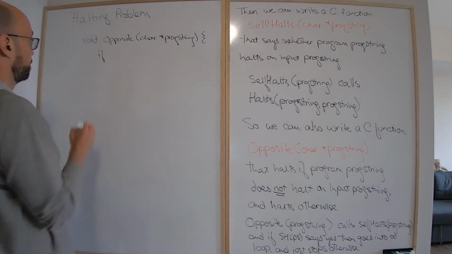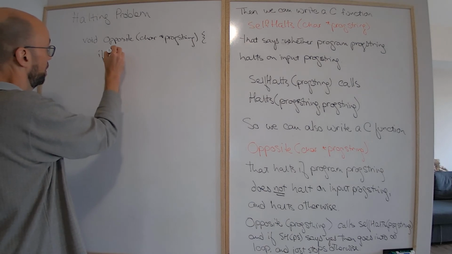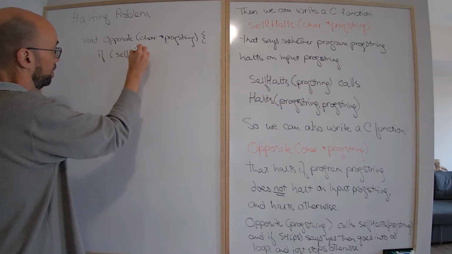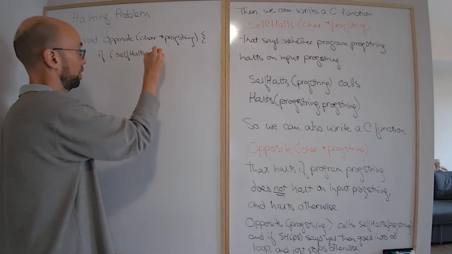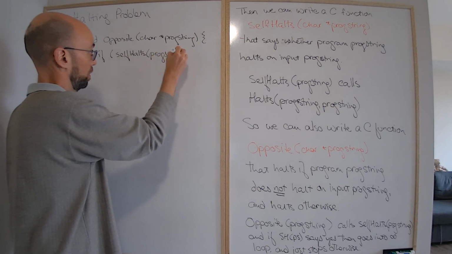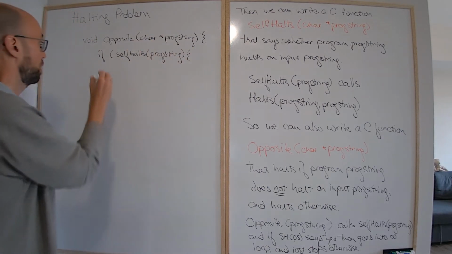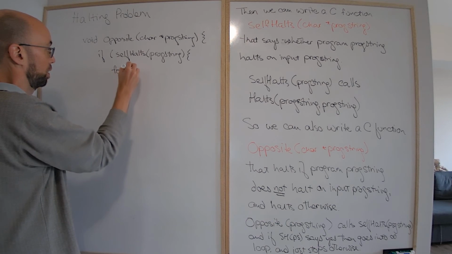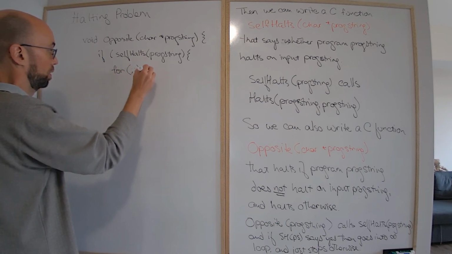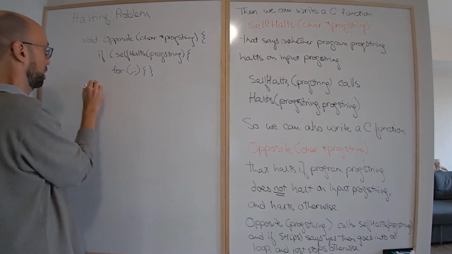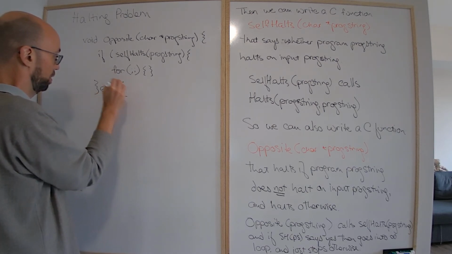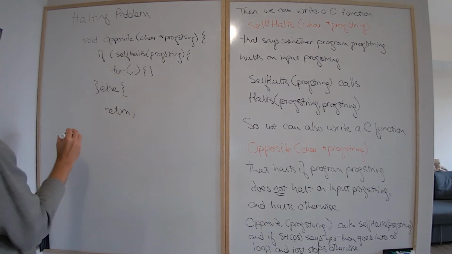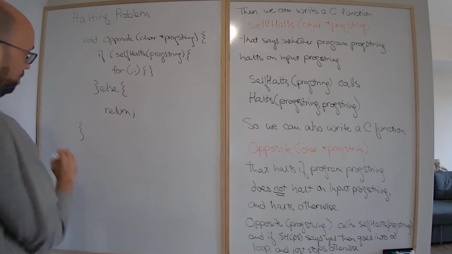If self halts prog string, then for, else return. Right? That was easy.